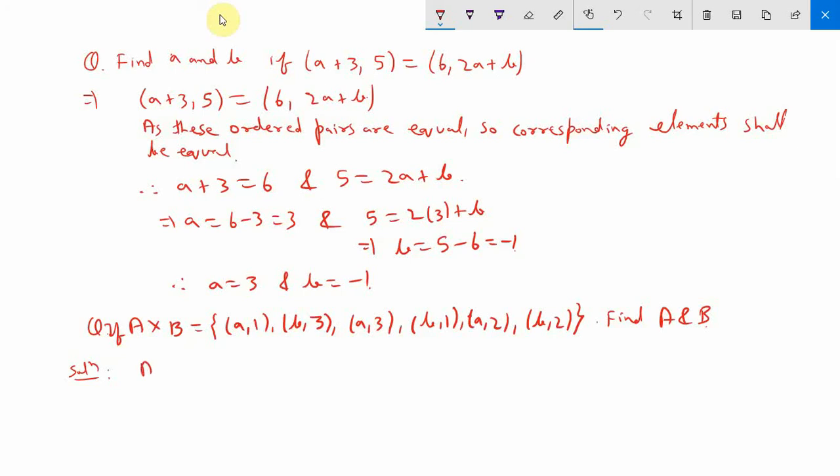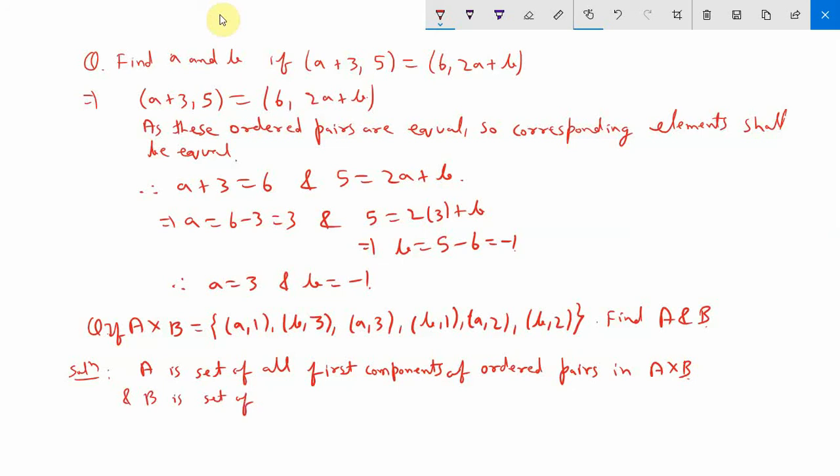So A is the set of all first components of ordered pairs in A into B, and set B is the set of all second components of ordered pairs in A into B. Okay, so we can write set A equal to {a, b}.